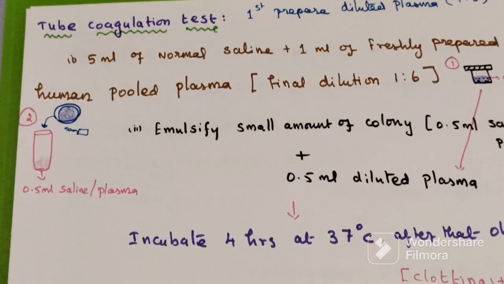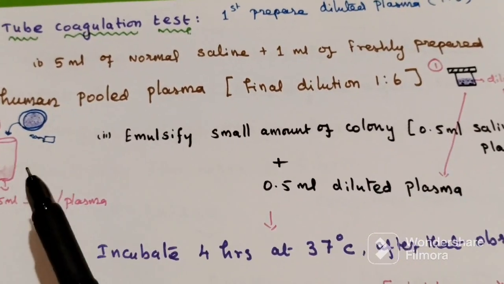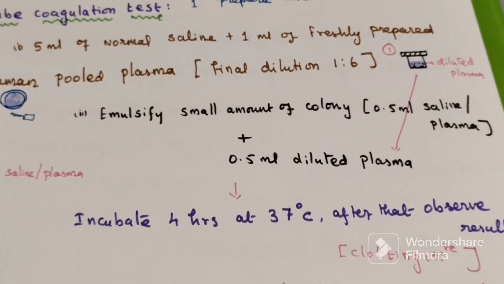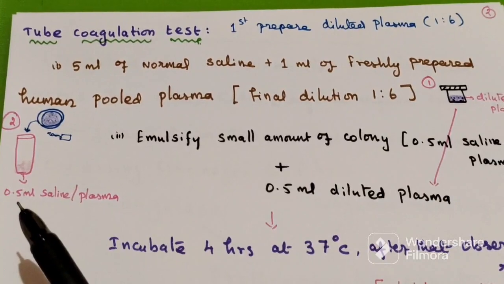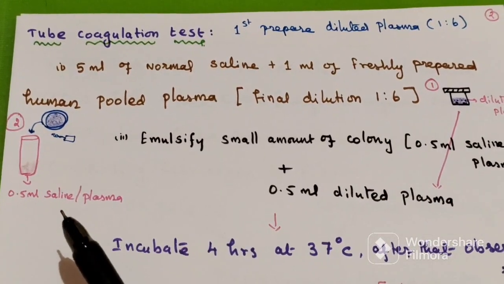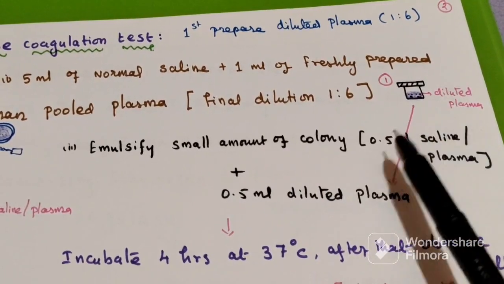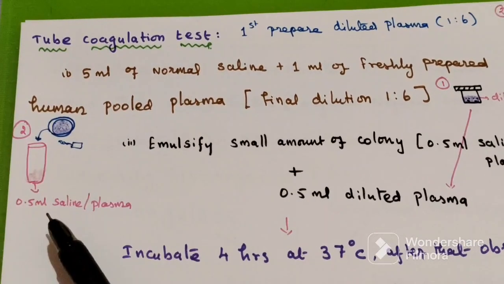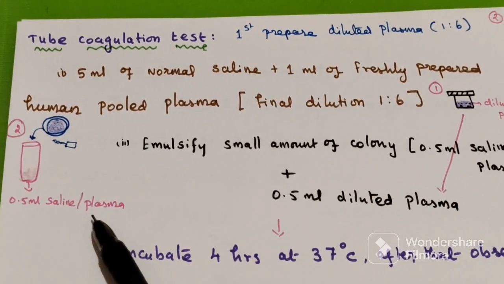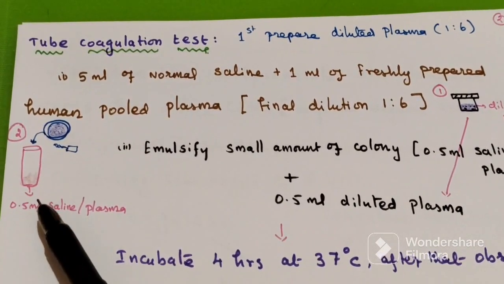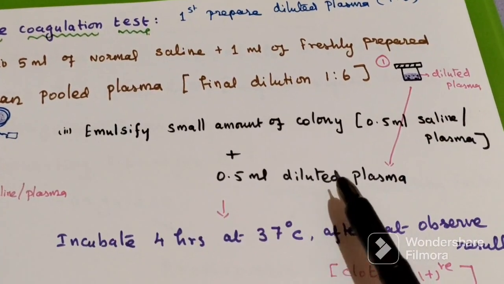After that, we will take a small amount of colony using an inoculation loop. Then we will add it to a test tube containing 0.5 ml saline. Then we will take 0.5 ml of diluted plasma. So in this test tube, we inoculate the colony, then add 0.5 ml of diluted plasma.